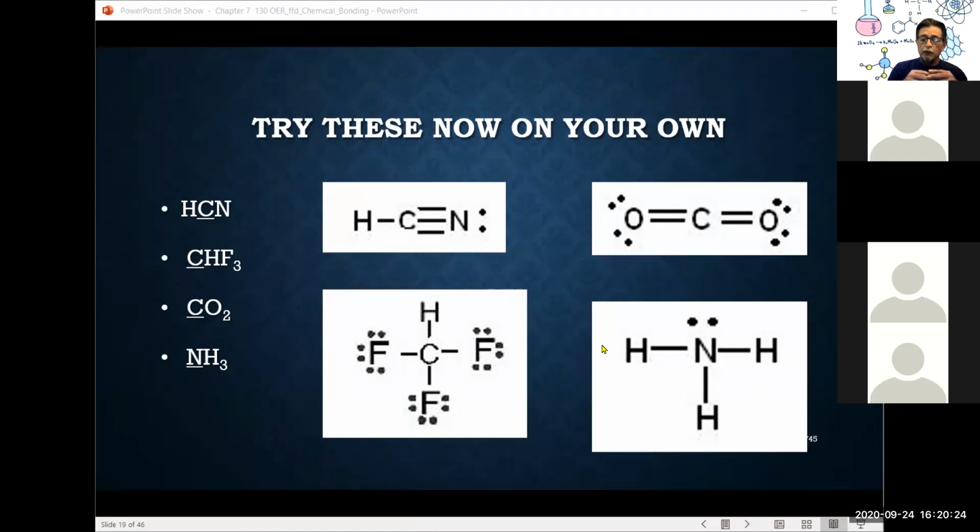Now, why do we want to do this? Well, we're going to eventually talk about the polarity of these compounds, which is related to the polarity of the bonds that they create, which is related to the electronegativity of the atoms that are involved in that particular bond. Once we determine the polarity, we are able to predict a variety of different properties for that compound.